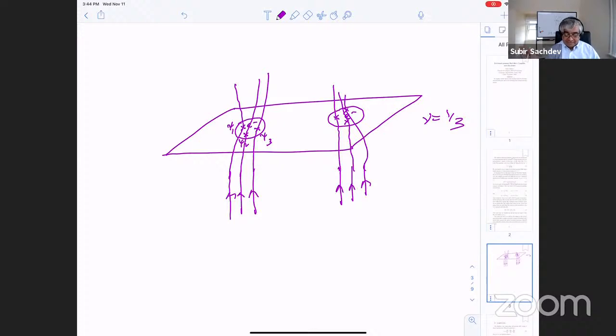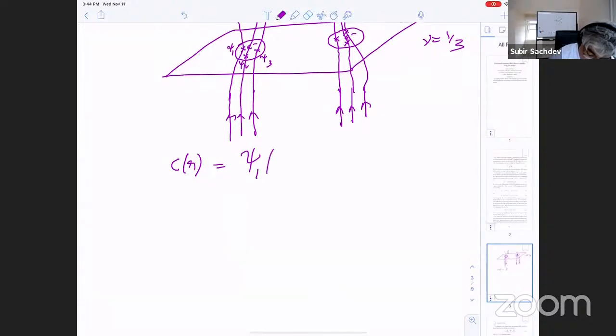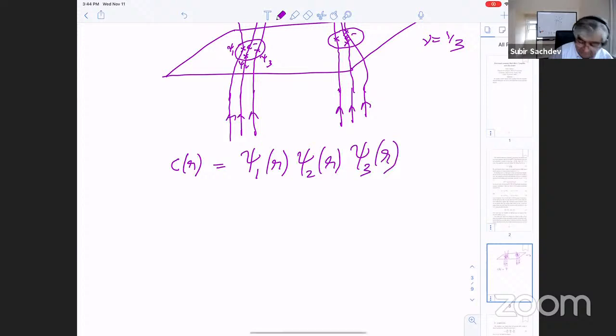Okay, so that's the idea. So you have the electron operator c of r splitting into 3 partons, psi1 of r, psi2 of r, psi3 of r. These partons have their own wave function and they all occupy a Landau level.